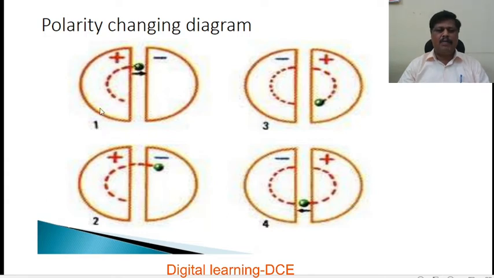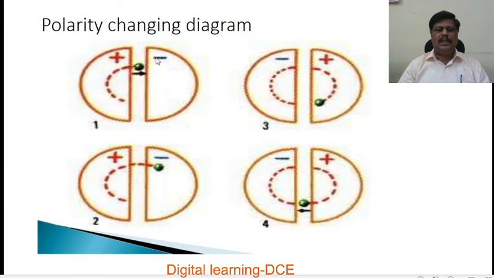In diagram 1, when the proton is injected into the Ds, whenever it is in this position, in D1, the polarity of D1 is negative and the polarity of D2 is positive.